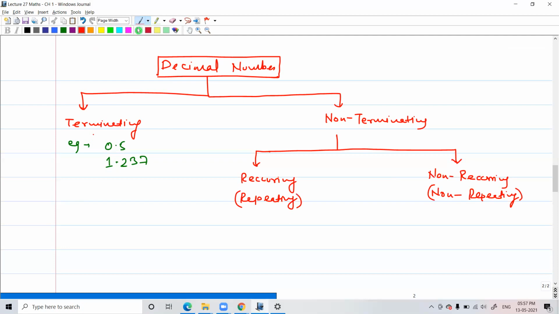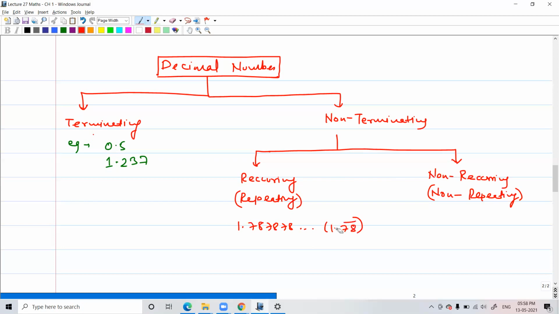Okay, so I will take examples of non-terminating decimals separately for recurring and for non-recurring. So give me examples of recurring now. Examples of recurring non-terminating decimals. 1.7878... 1.787878..., which we can write as 1.78 with a bar on it, right? Everybody knows that?